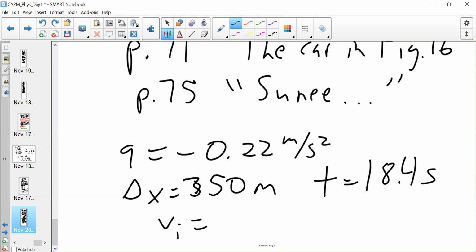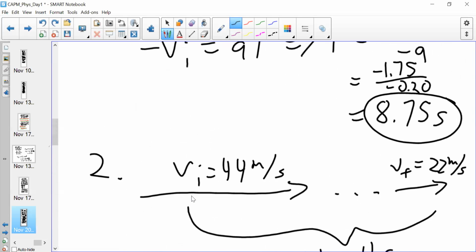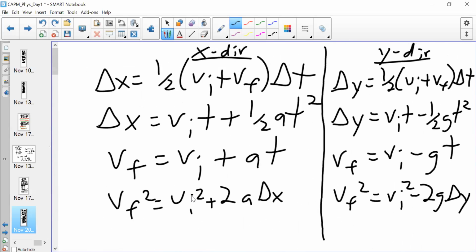Is there an equation that we can use right off the bat to find VI? One of those four equations?